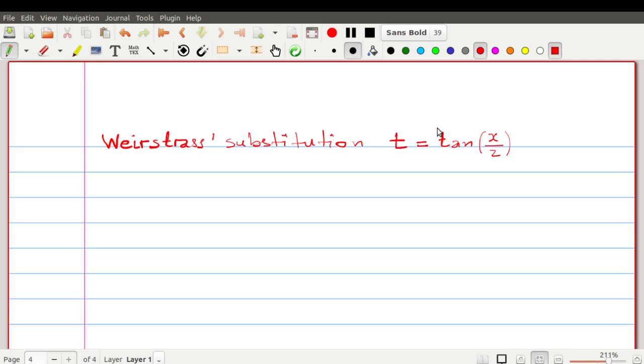So this allows us to change R to a form we know how to handle, right?